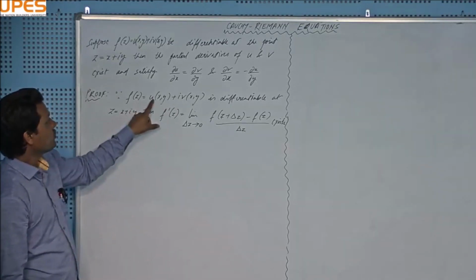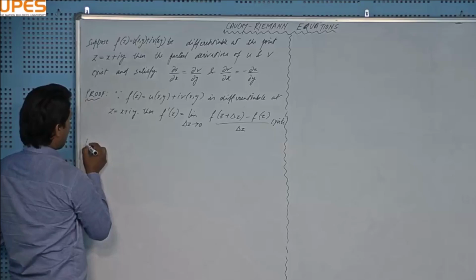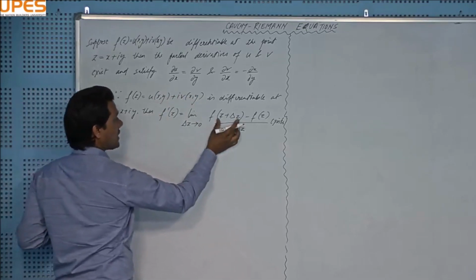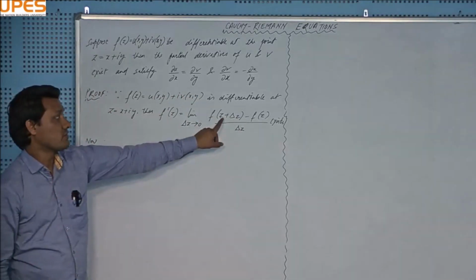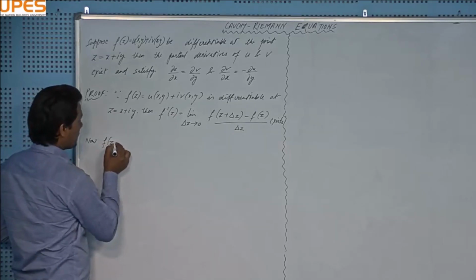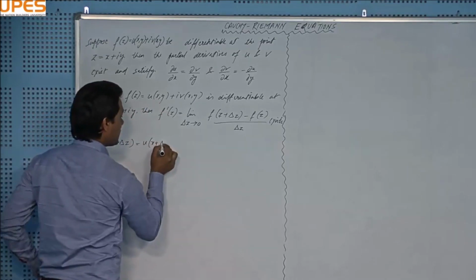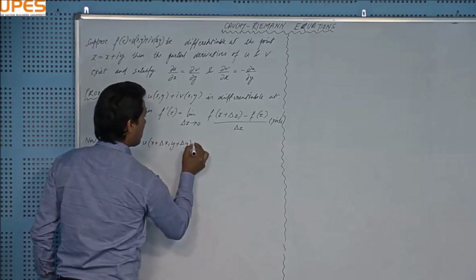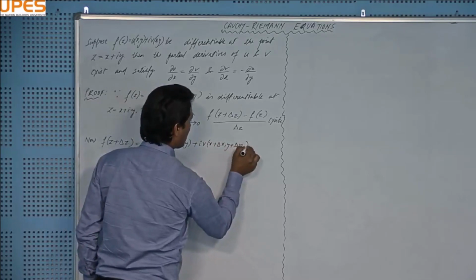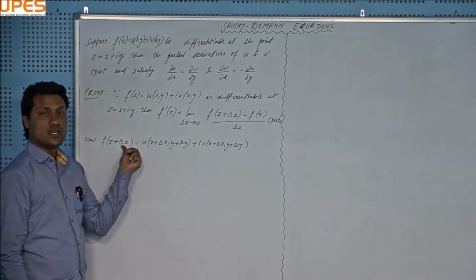So putting these values, f(z) = u + iv, I will plug this value here. f(z) is given as u(x,y) + iv(x,y). I want f(z + Δz), and f(z + Δz) will be given by u(x + Δx, y + Δy) + iv(x + Δx, y + Δy). Δz is nothing but Δx + iΔy.